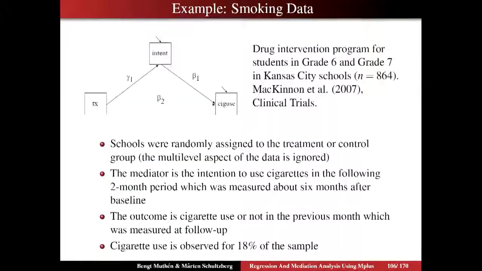As a mediator, they measured the intent. So 6 months after the intervention, they measured the intent to use cigarettes during the following 2 months. And then they measured the cigarette use, whether they had used cigarettes during the last month, which was after these 2 months. And the observed cigarette use of the whole sample was 80% in the end.